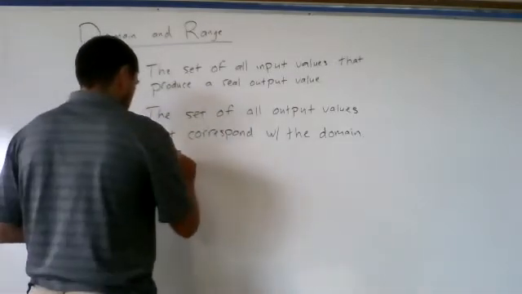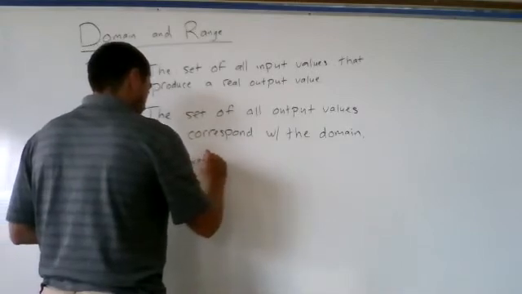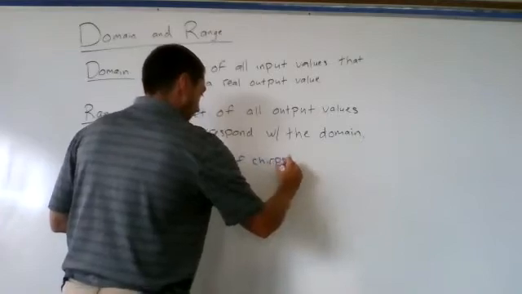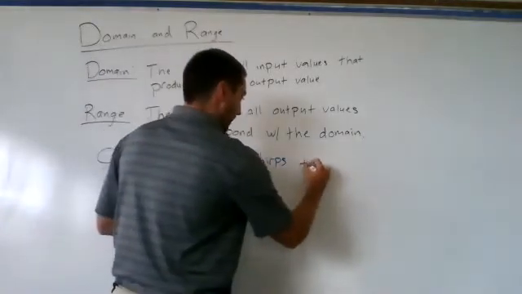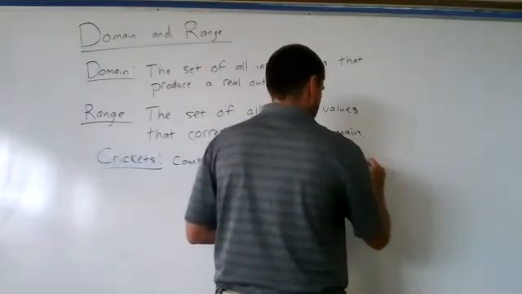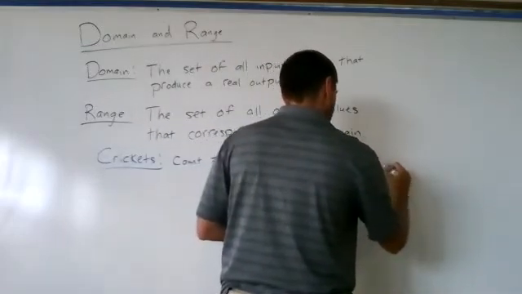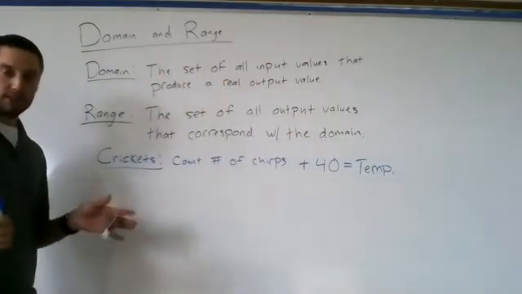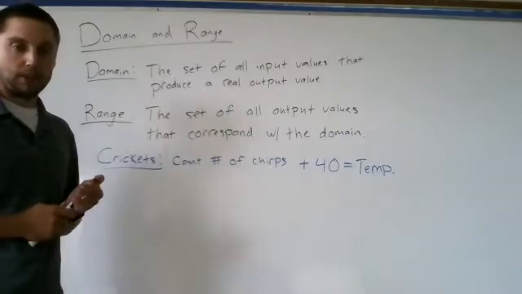Okay, so let me write that down. So count the chirps in 15 seconds plus 40, and that gave me the temperature. Okay, so that was our function. The specifics, not super important here, but that's what we have.